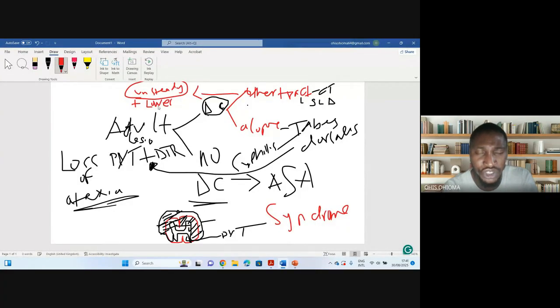Or an upper motor neuron lesion. Let's say the patient is now having spastic paralysis. Let's use that as an example, spastic paralysis.